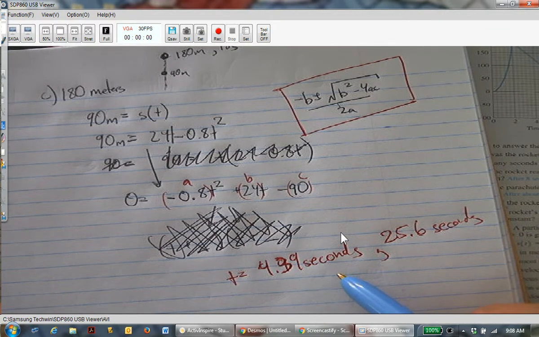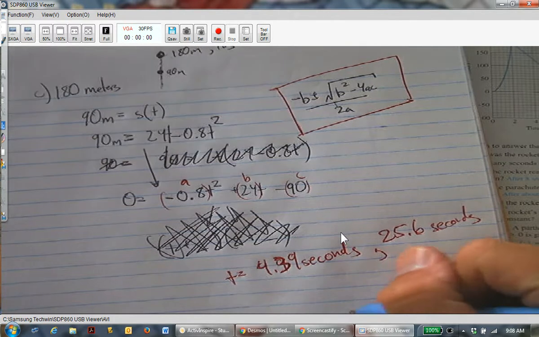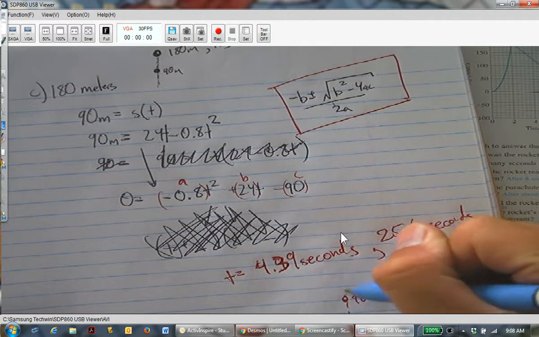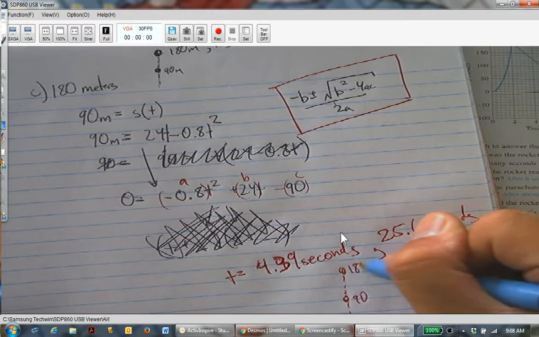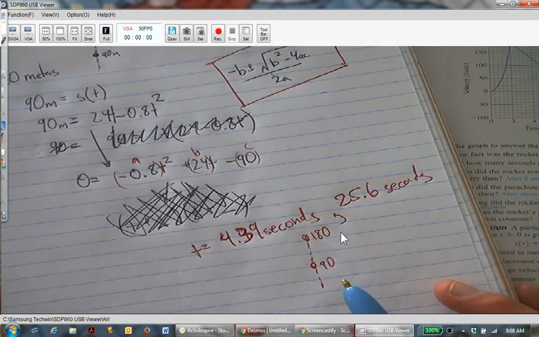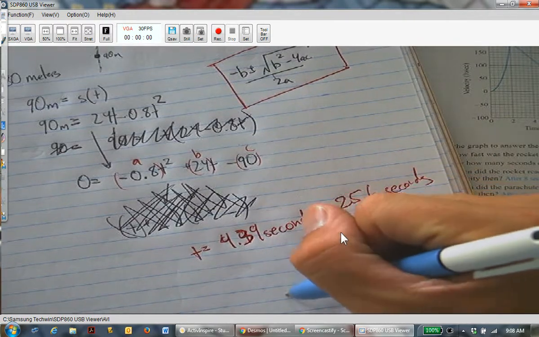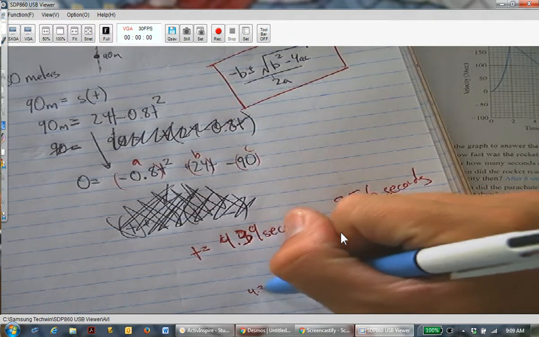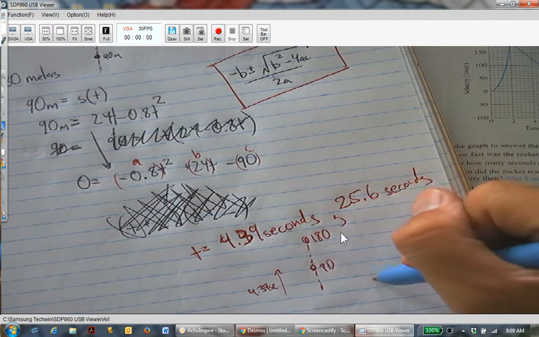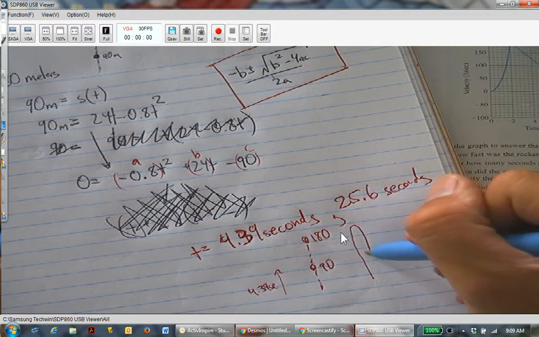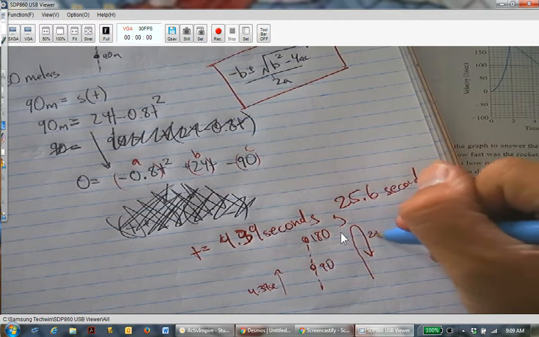So it's going on its way up, halfway to 90, and then it gets to 180. And what about the 25.6 seconds? When it was going up, that was 4.39 seconds, but then on its way down, this took us a total of 25.6 seconds.